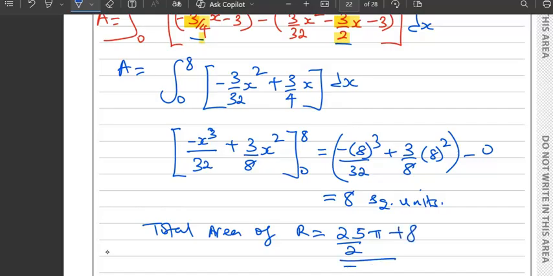So this becomes the total area of region marked R, and this marks the end of question number 8.